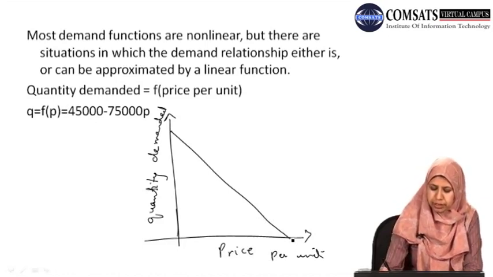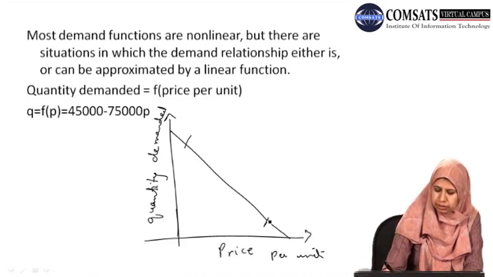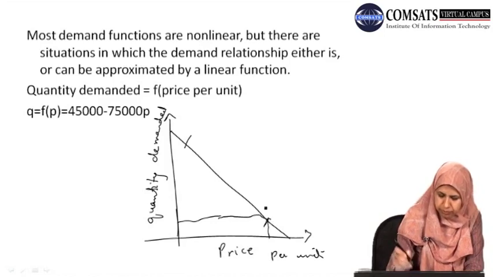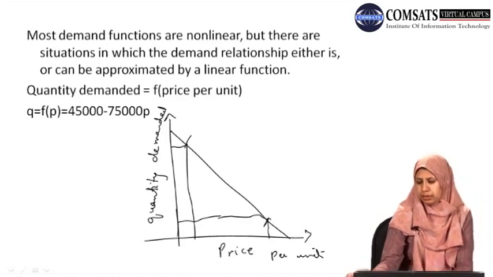That is, the higher the price, the lower the demand; the lower the price, the higher the demand. Here the price is higher, the demand is lower. Here the price is lower and the demand is higher.